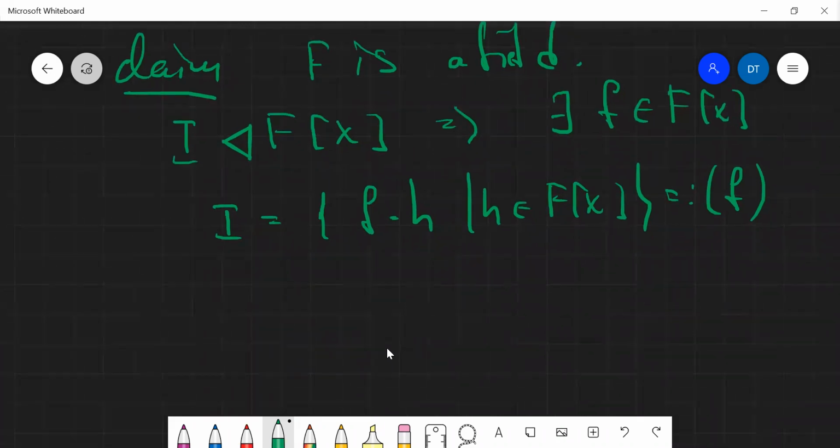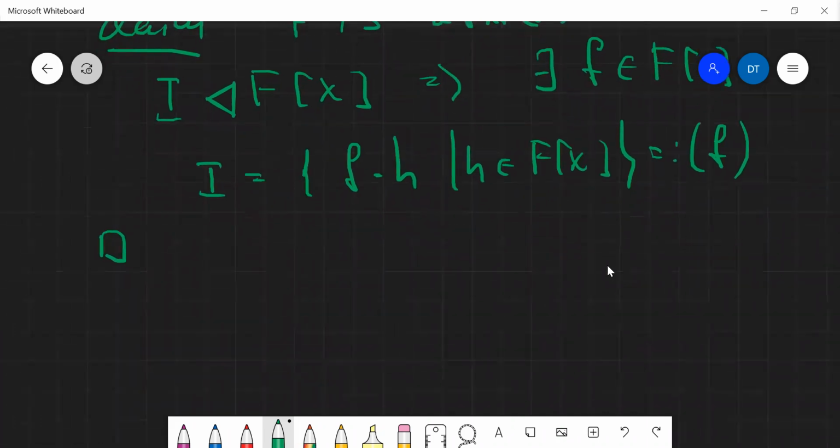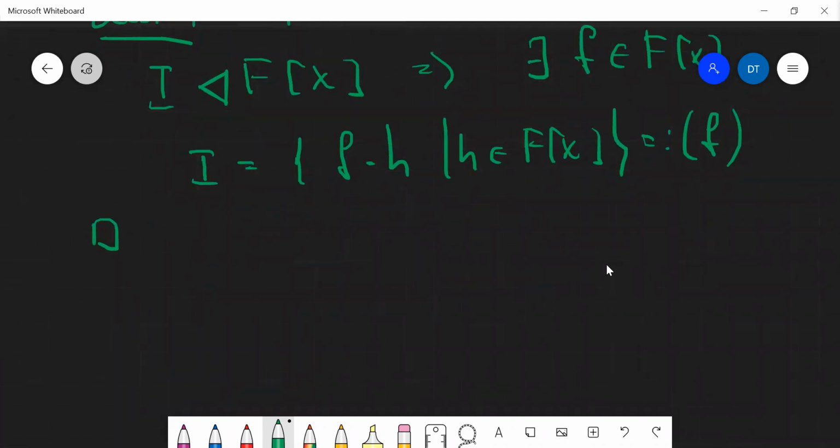So let me explain how the proof works. First of all, the claim is exactly the same as the claim for the integers. We know that in the ring of integers, every ideal is the set of all integers divisible by a fixed integer. So first of all, there are two cases.